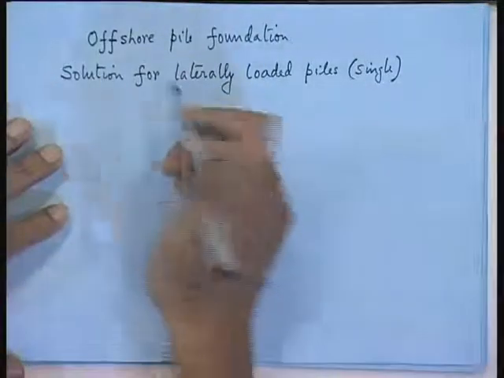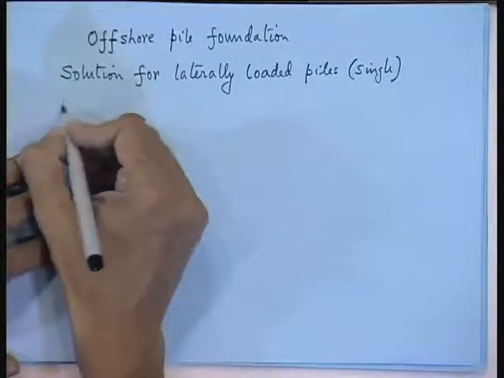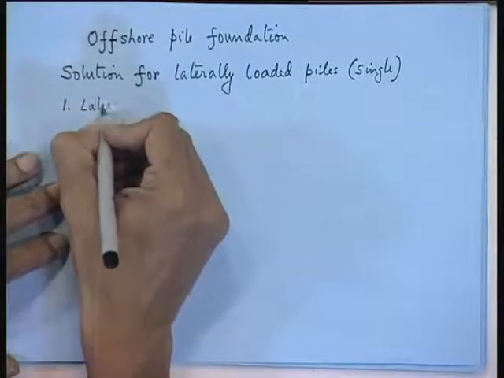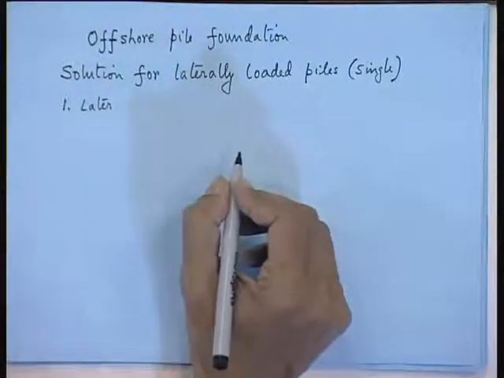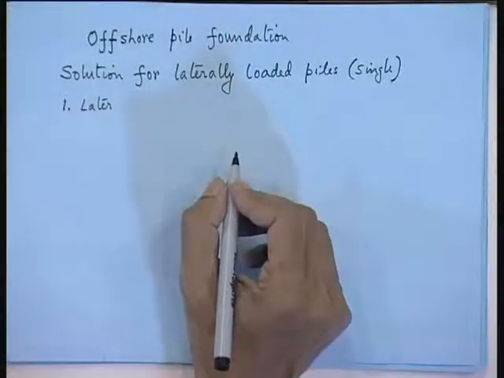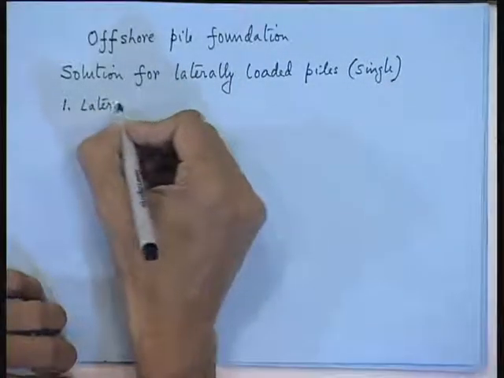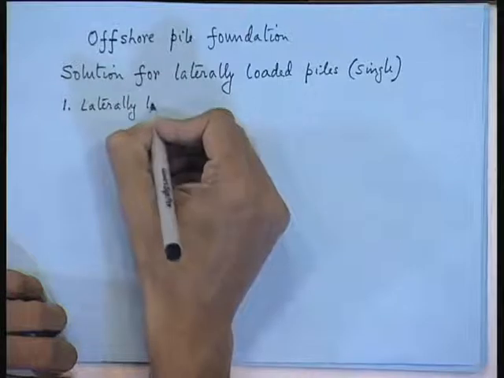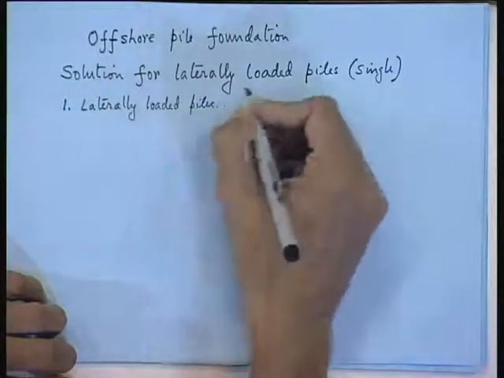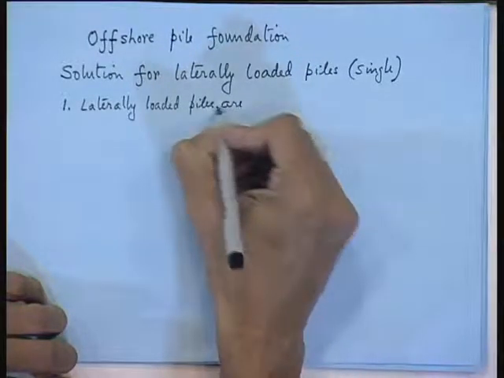So, this is the solution for laterally loaded piles. Now, in offshore, actually, we will find that most of the piles will have a batter. What we will study is without batter, in the simplest case. So, laterally loaded piles are elastic members.